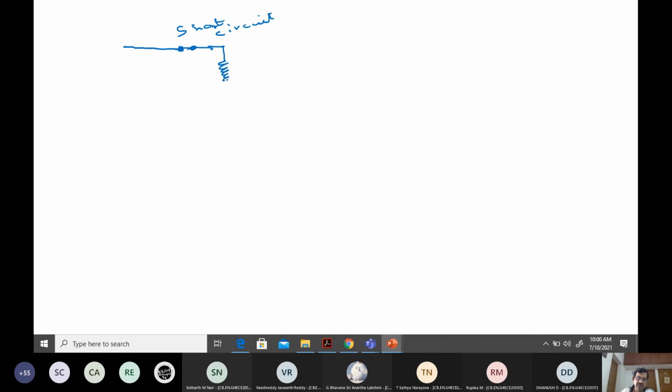And my resistor R is here, and this is my input signal. So when it is in the negative half cycle, this polarity change reverses the sign. So during the negative half cycle, the diode will be short circuit.